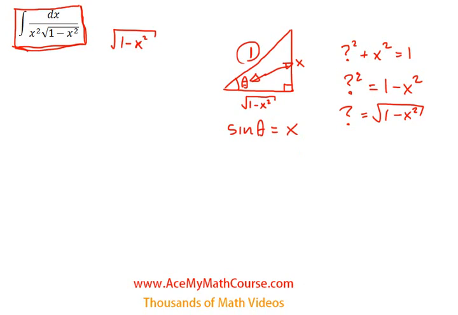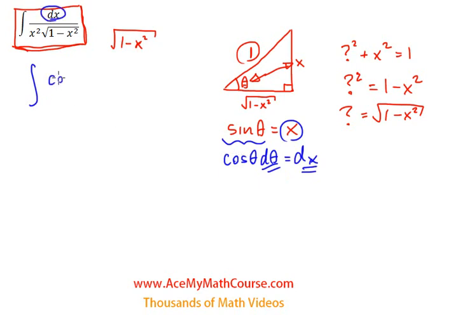So I will need to differentiate the sine of theta. So I have the cosine of theta d theta equals dx. Don't forget the differentials, right? So cos theta d theta is equal to dx. So I can already replace the dx over here with cos theta d theta, now all over x squared times the square root of 1 minus x squared.